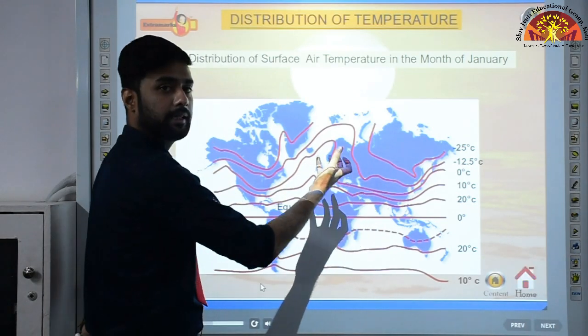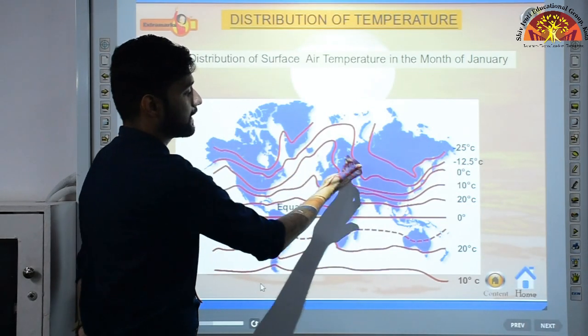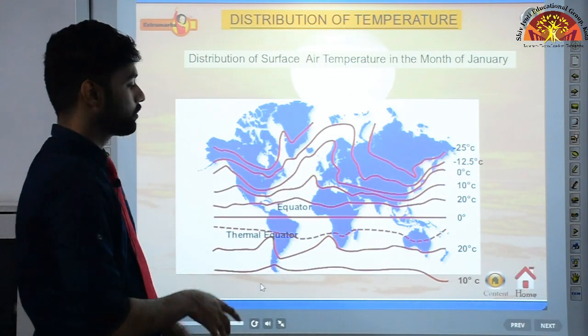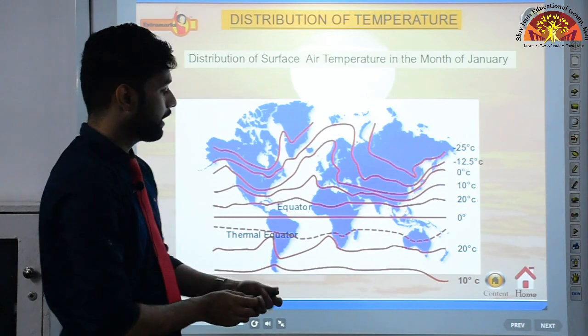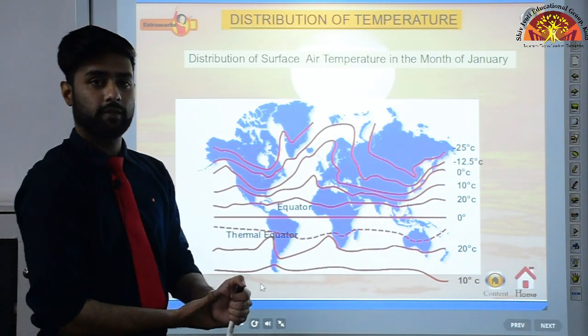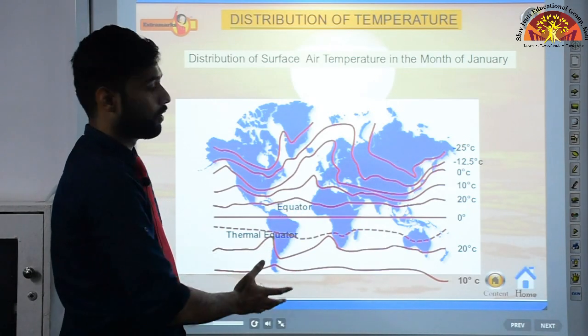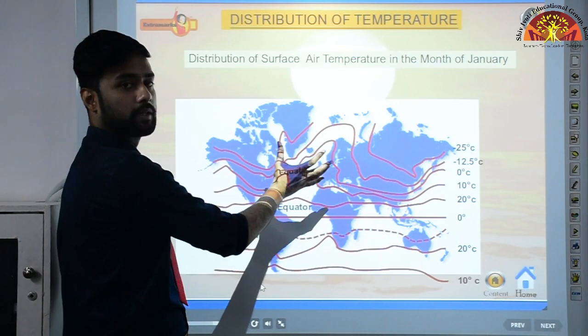Our land has become cold quickly, while the sea, as compared to the land, is still warmer. Okay, now the exact opposite is going on in the southern hemisphere. There is not much variation first of all in the southern hemisphere because there is not that much land. Much of the land is focused in the northern hemisphere.